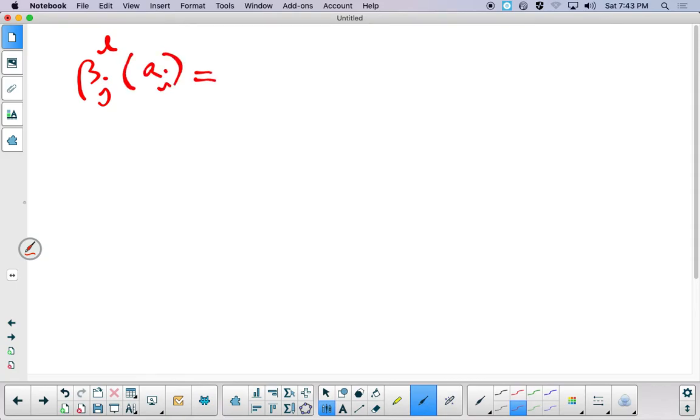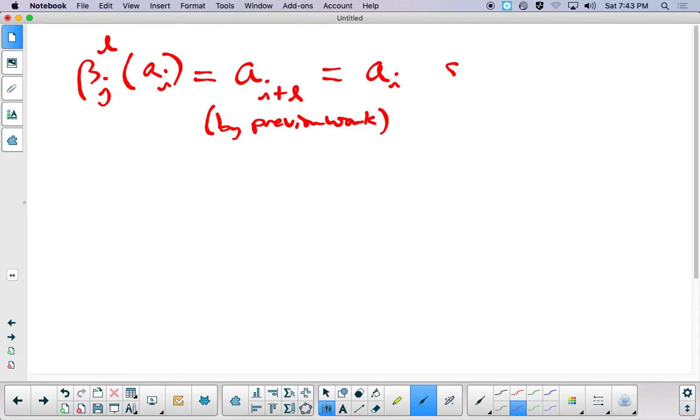That's going to be A to the I plus L by our previous work. But it's also got to be AI, since beta j raised to the L has got to be E, and that's because the order of alpha is equal to L.